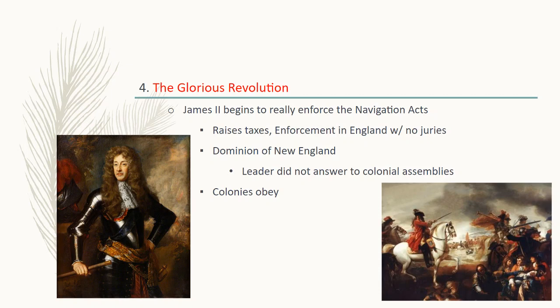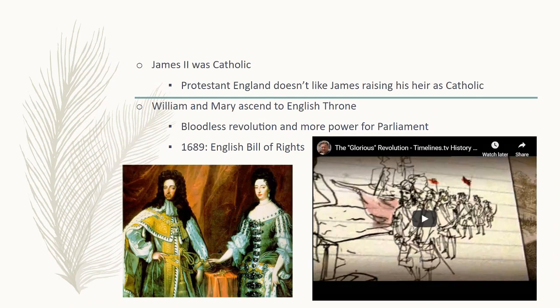All right. So yeah, the colonies do get in line, but then this Glorious Revolution is going to happen. Because here's the deal: James II, as a practicing Catholic, is seen with a lot of suspicion. They just went through all of that episode with Henry VIII, and over 100 years of internal strife, multiple civil wars.